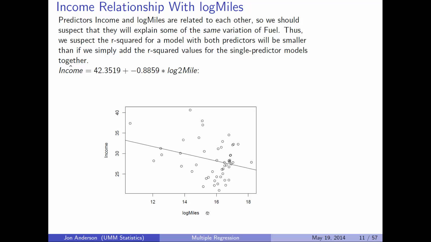There's overlap in what these variables do together. You can see there is some relationship between income and miles. And that means that when we put both of those predictors together in a multiple regression model, we're not going to get a simple extension of the simple linear regression results.